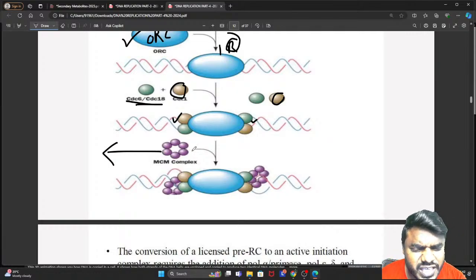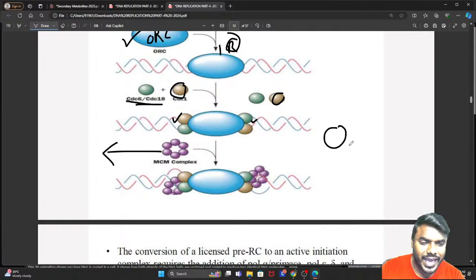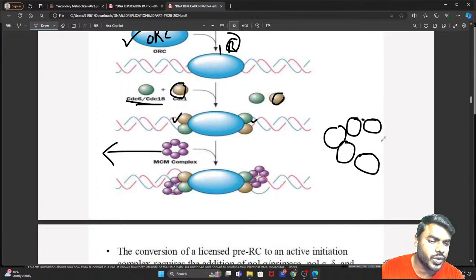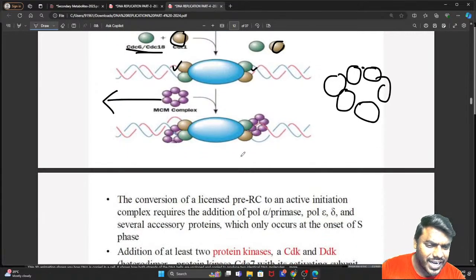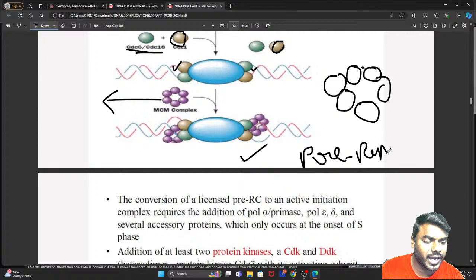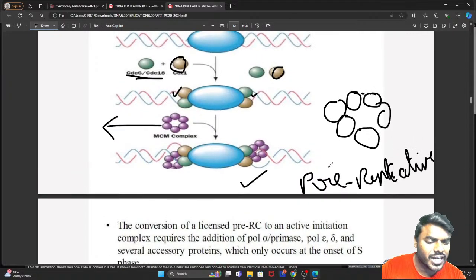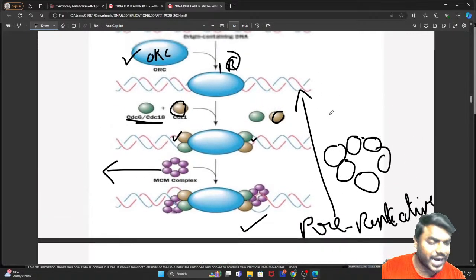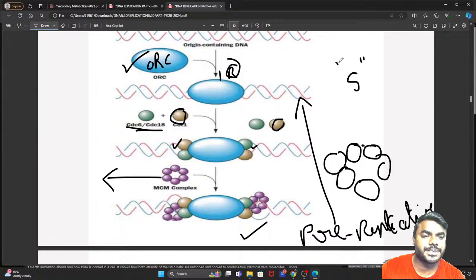What is MCM actually? It is a helicase, a hexamer, having generally six subunits. So till here, friends, we called it the pre-replicative complex. But the pre-replicative complex is not at all active. When will it become active? It will become active only in the S phase.